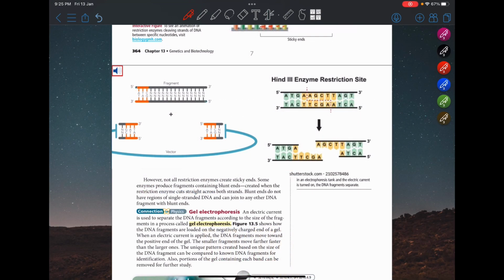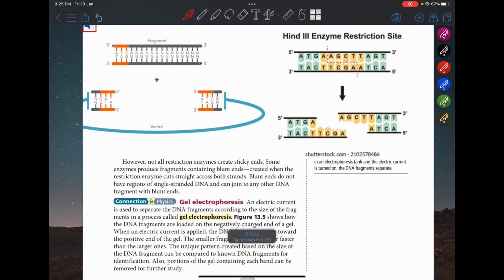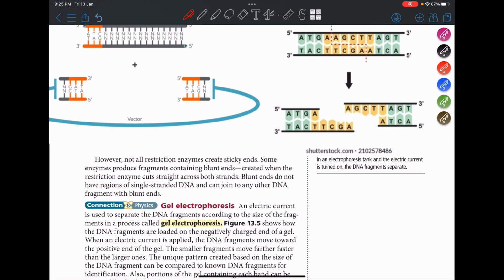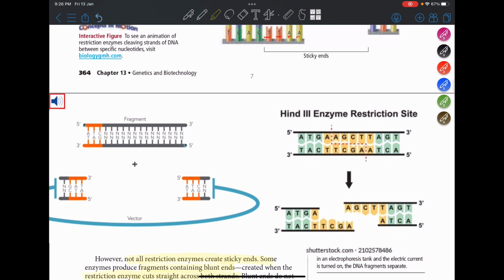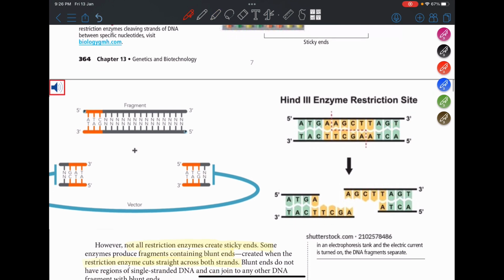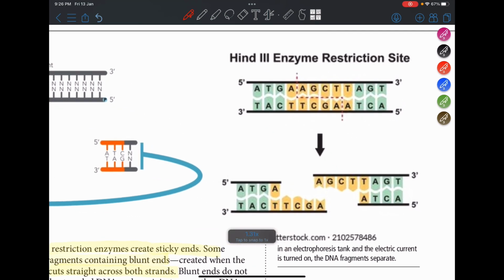All right, an important thing to note is that not all restriction enzymes create sticky ends. Some enzymes produce fragments containing blunt ends, and that is created when the restriction enzyme cuts straight through. Before we talk about the blunt ends, let's look at the sticky ends again.